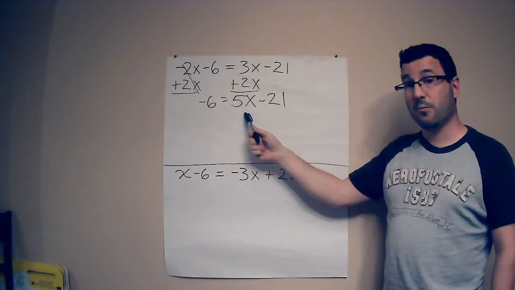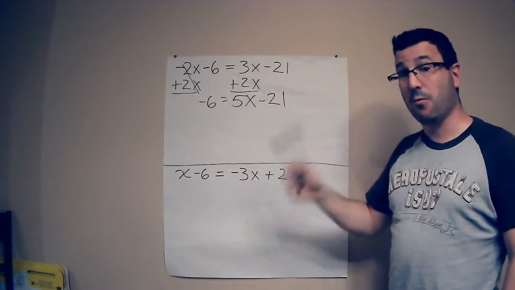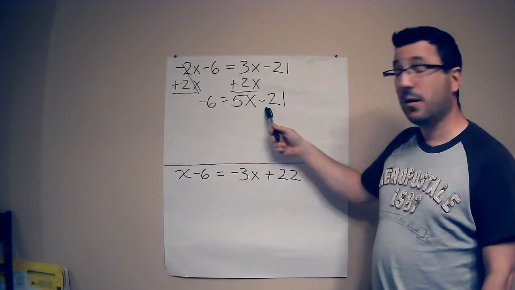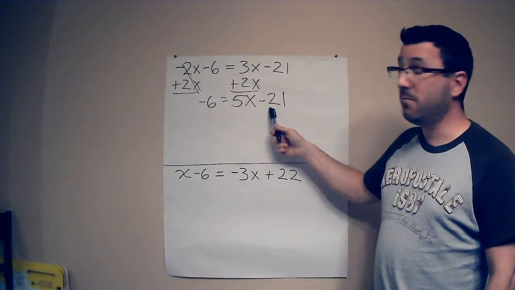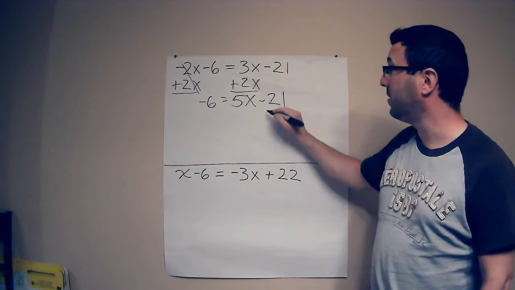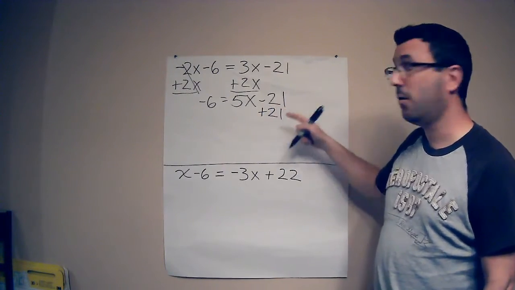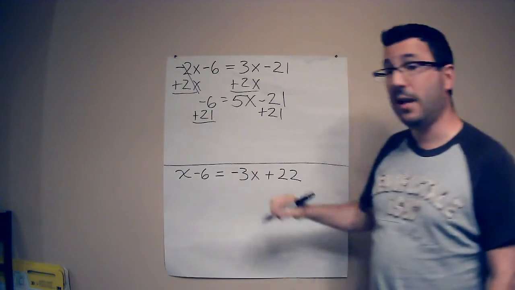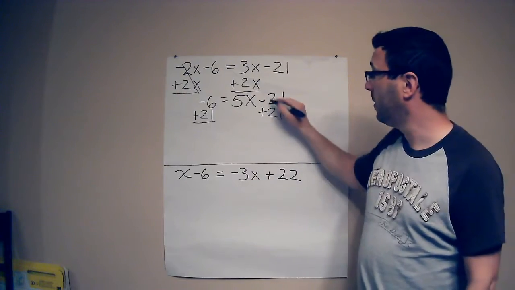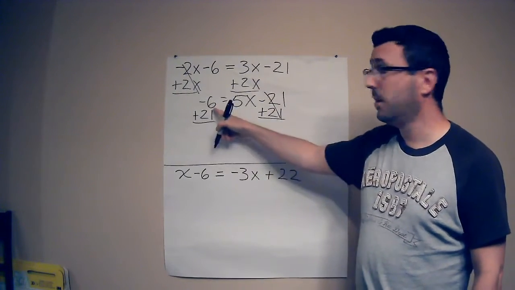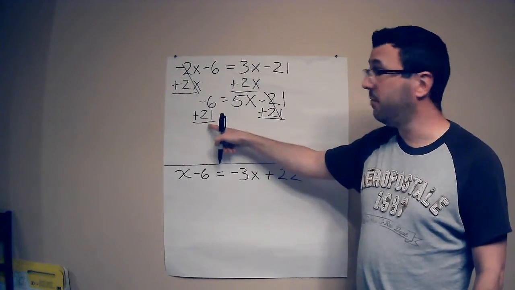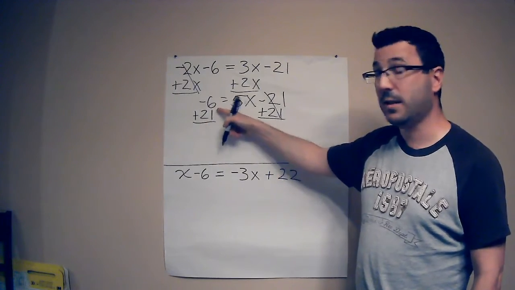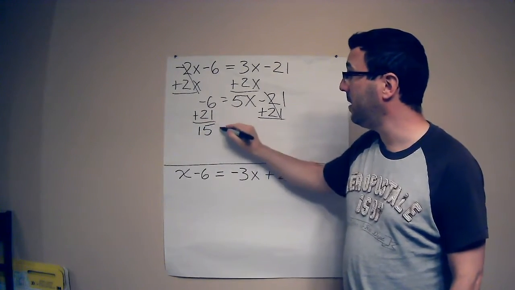Our variable's on the right hand side, so it stays on the right hand side. Opposite of a negative 21, or minus 21, is plus. Plus 21 on the right hand side, plus 21 on the left hand side of the equal sign. These two cancel out. 21, we're more positive, so 21 minus 6 is 15.